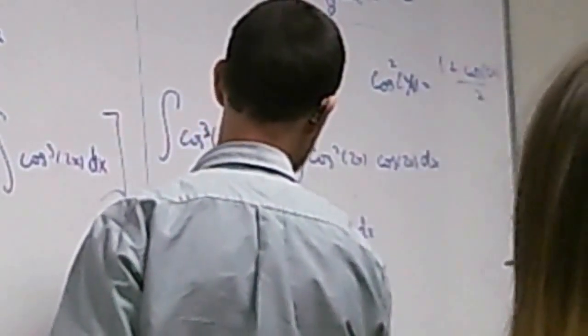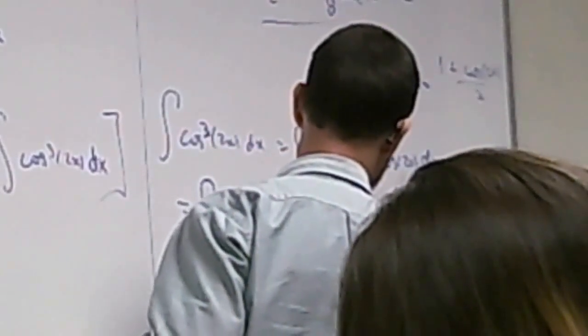It's the integral of cos squared of 2x times cos of 2x dx, which becomes the integral of 1 minus sine squared of 2x times cos 2x dx, which is the integral of cos 2x minus sine squared of 2x cos of 2x dx.